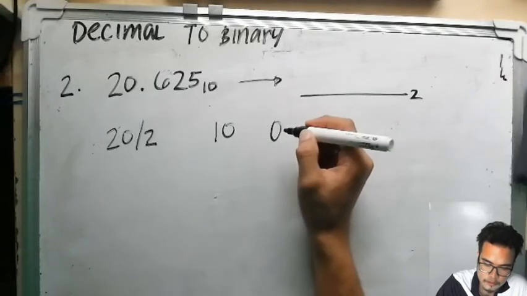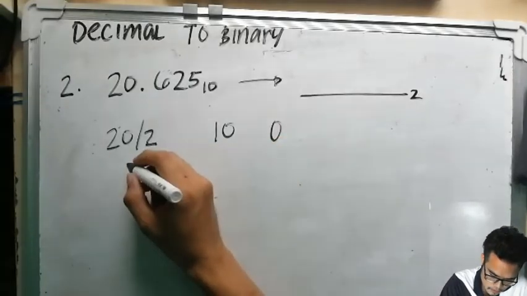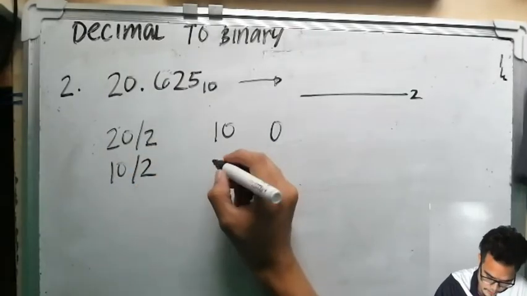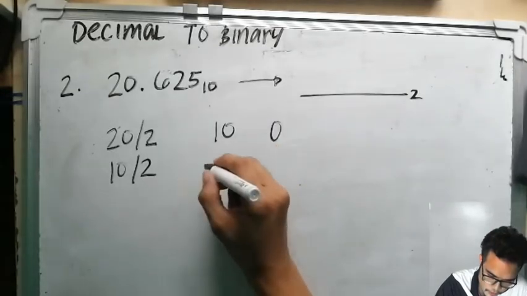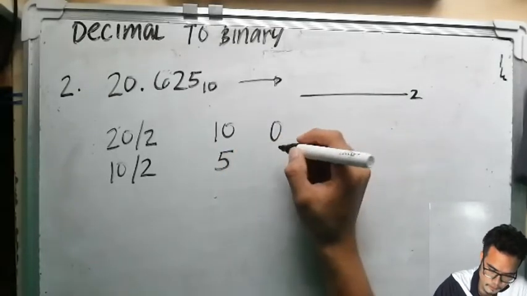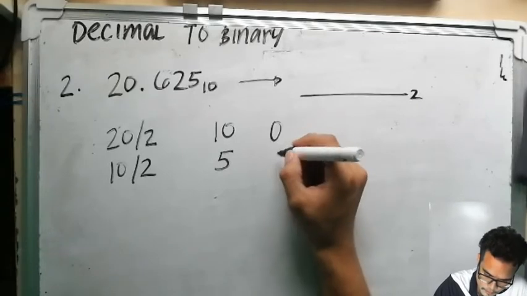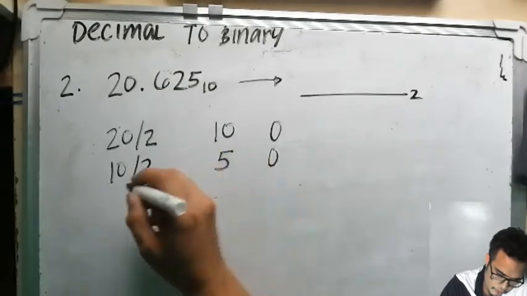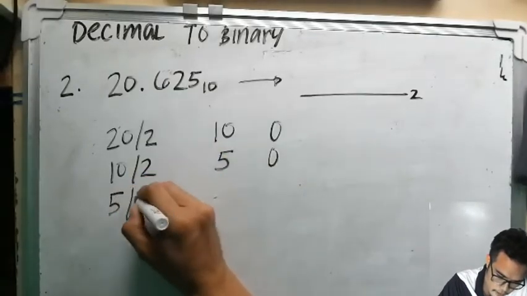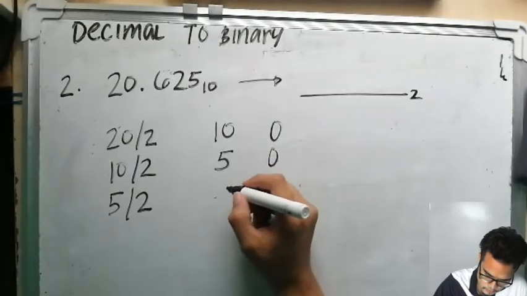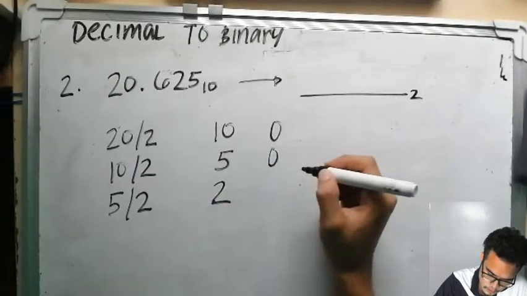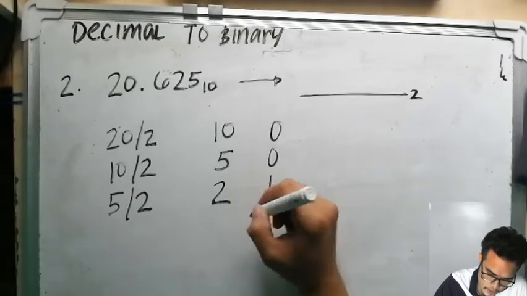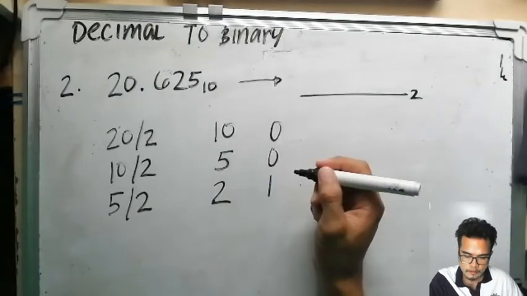Next, 10 divided by 2 is equal to 5. Then the remainder is 0. Next, 5 divided by 2 is equal to 2, and the remainder is 1. Continue the iteration until you get a quotient of 0.